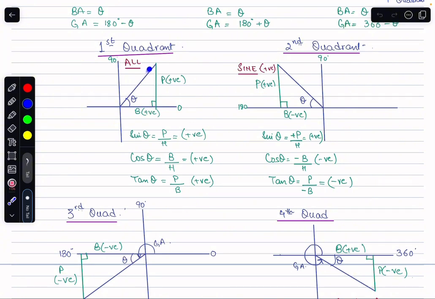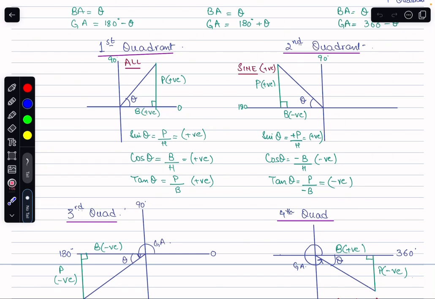And then this line here is going to be my hypotenuse. So the sine theta is actually perpendicular over the hypotenuse, or we can say it's the opposite over the hypotenuse. Perpendicular or opposite is a positive value, therefore the sine theta needs to be positive here.